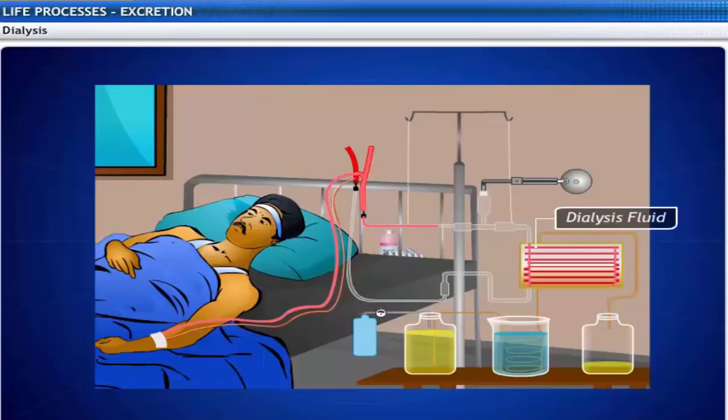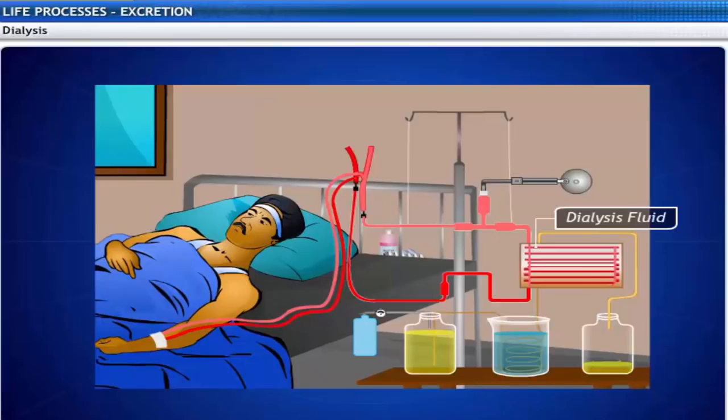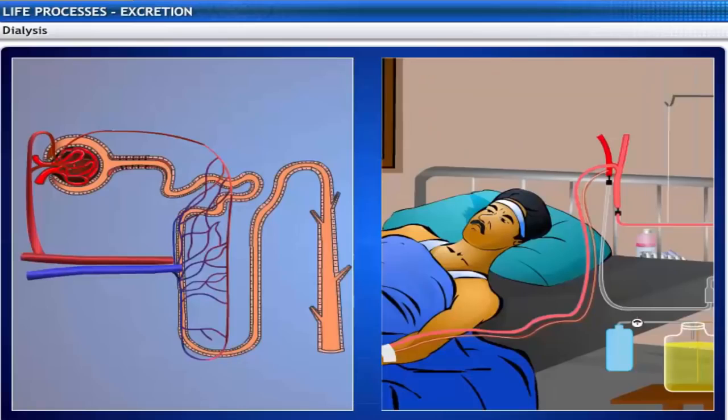This fluid has the same osmotic pressure as blood, except that it is devoid of nitrogenous wastes. The patient's blood is passed through these tubes. During this passage, the waste products from the blood pass into the dialyzing fluid through diffusion. The purified blood is pumped back into the patient. The actions performed here are similar to the functions of a kidney, except that there is no reabsorption.